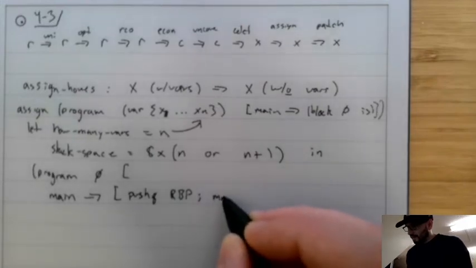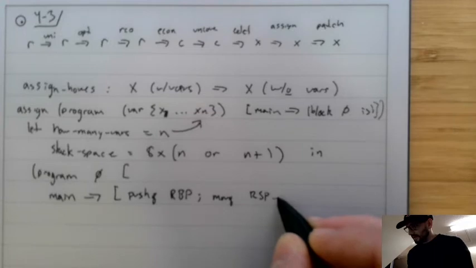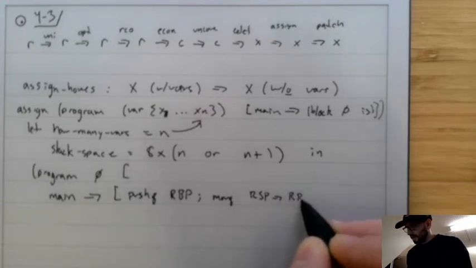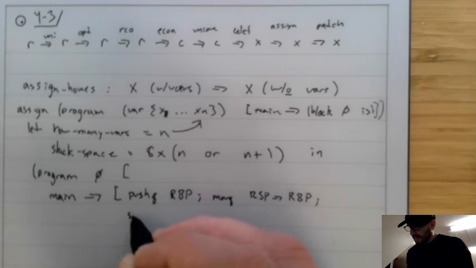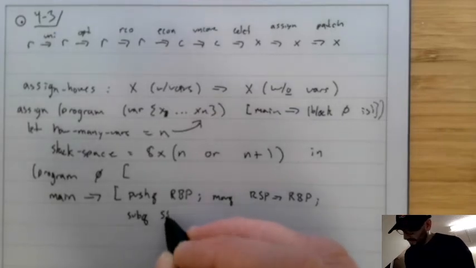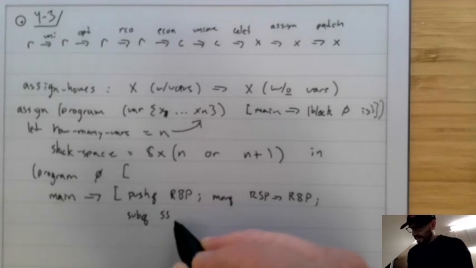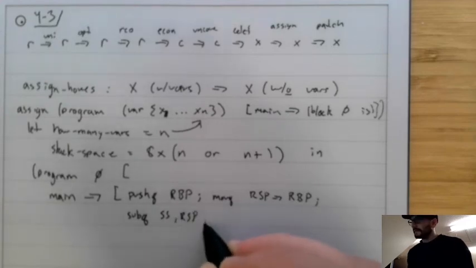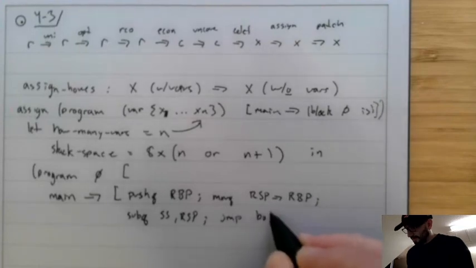Then we're going to move Q our SP into our BP. Then we're going to subtract the stack space, so SS for stack space, from RSP. Then we're going to jump to the body.